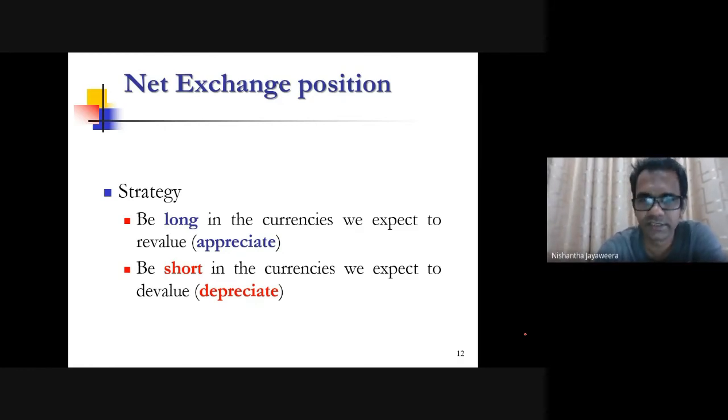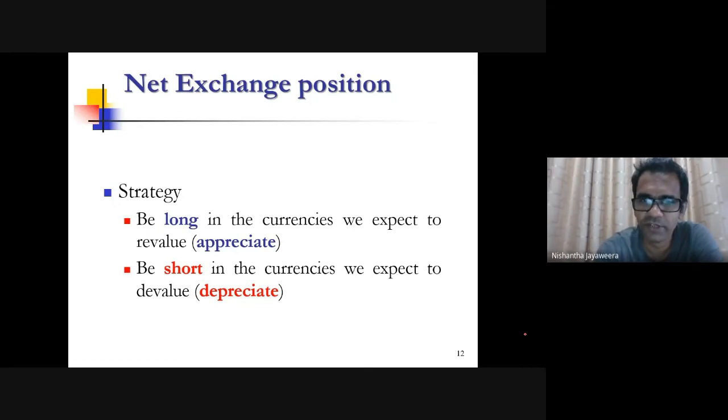Likewise, we can place our balance sheet for the exchange rate risk as well. What is our view? Then what should we do? What should be our strategy?